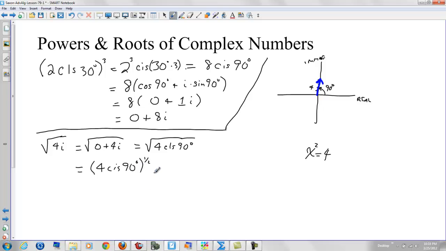So what we need to do is recognize that 90 degrees is not a unique way to describe this vector. It can also be 4 at 450 degrees as well if I go around the circle another time. So I could also call that vector 4 cis 450.